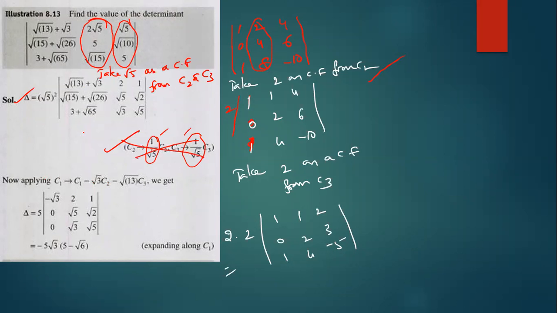What is the next step? They're doing this, this is 0. This is 0. Why? What they're doing? See, they are concentrating only on C1.